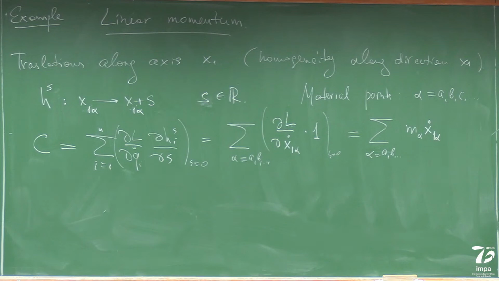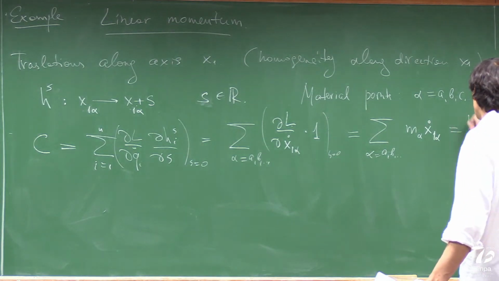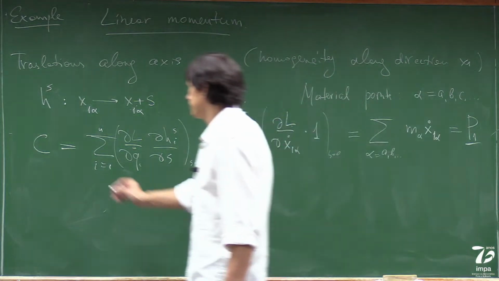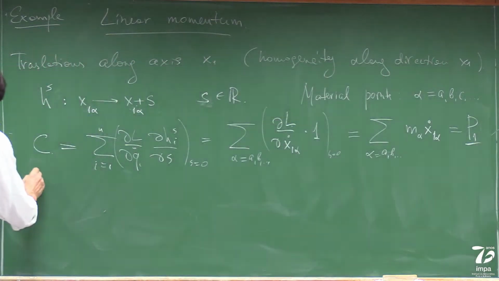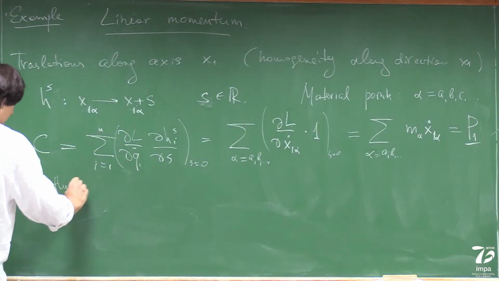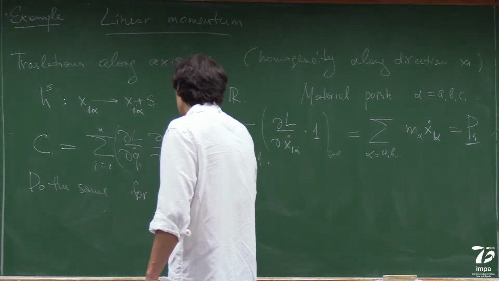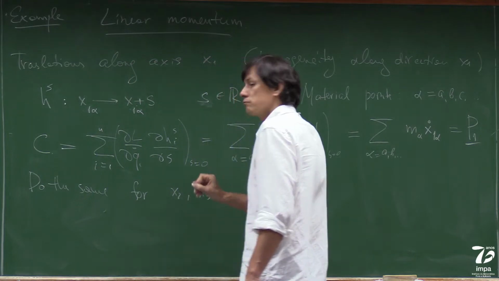So this derivative of the Lagrangian is always this quantity. This we had before. And you see that this is nothing else than what's known to be the first component of the momentum. So this is C1, and then we do the same for the other two coordinates.